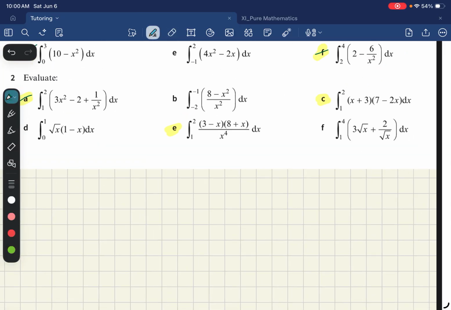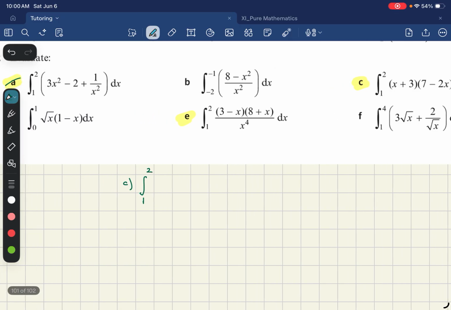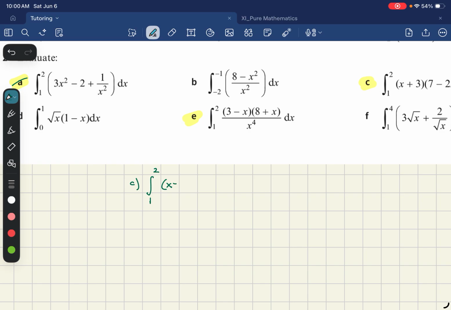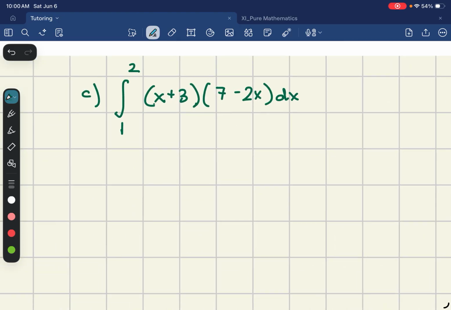Let's do c. So c is the integral from 1 to 2 of x plus 3 times 7 minus 2x dx. We can expand this out.